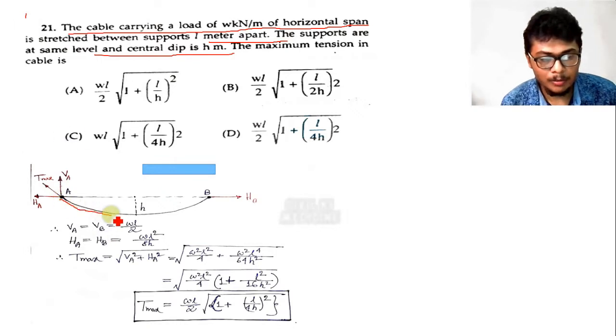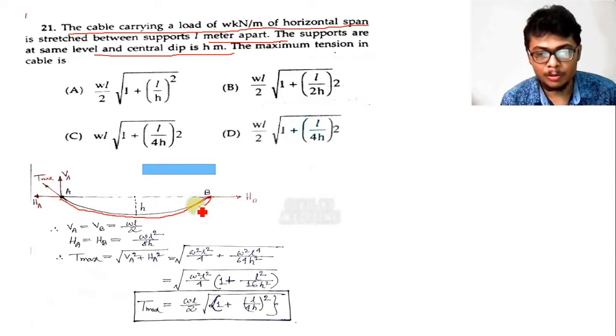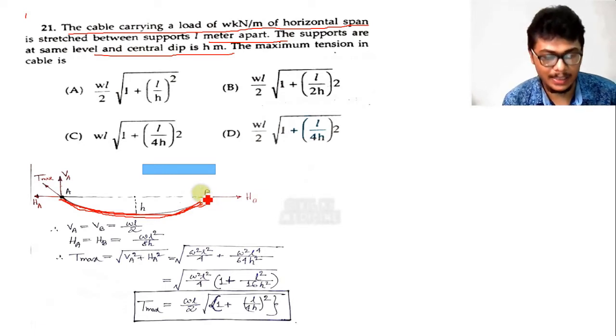This is my cable. Under the action of load, that means under the action of UDL or self weight, the cable takes the shape of a parabola. So in this case, first we have to find out the vertical reaction as well as the horizontal reaction.